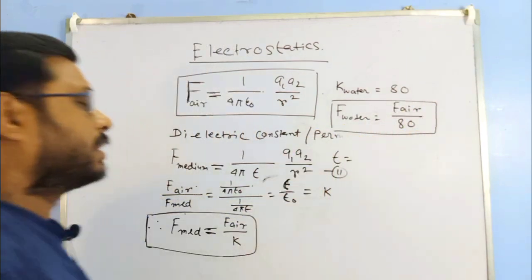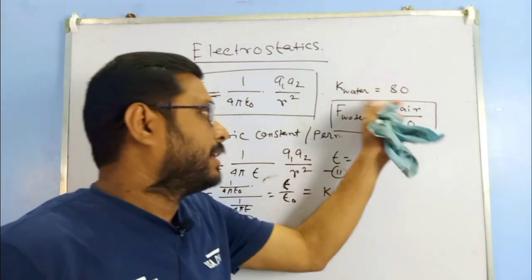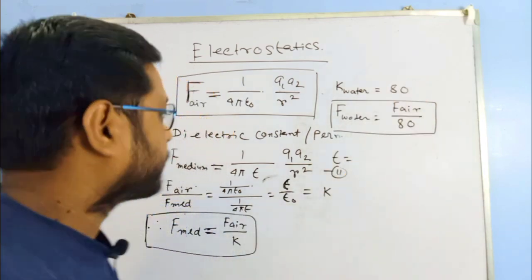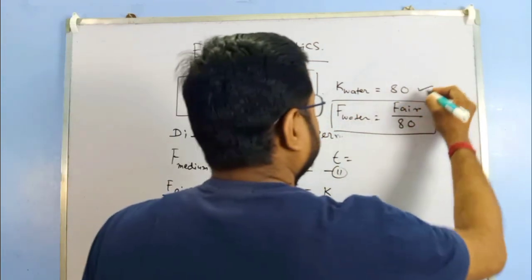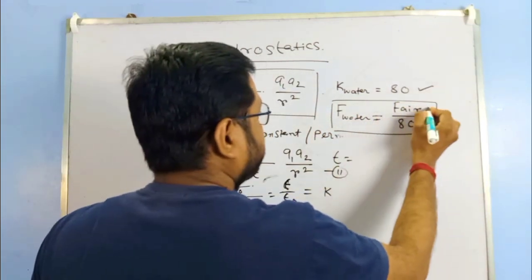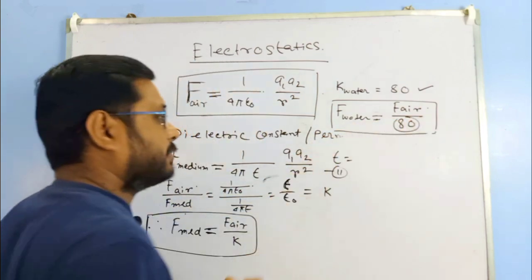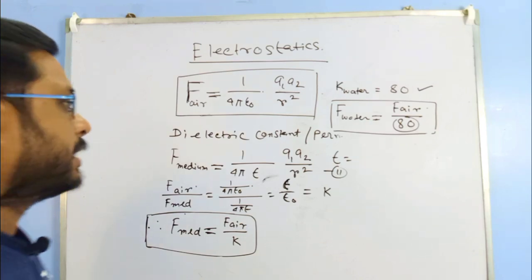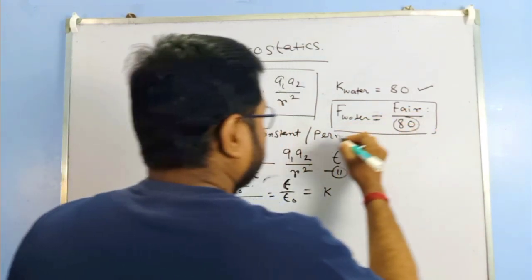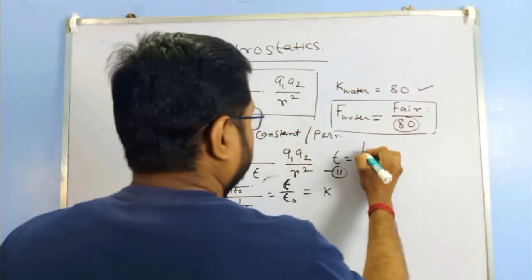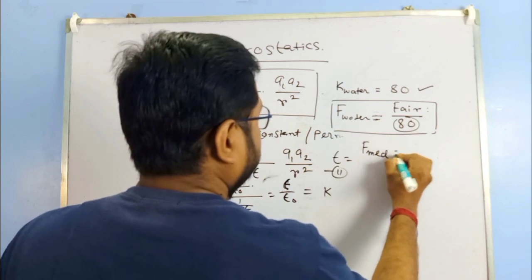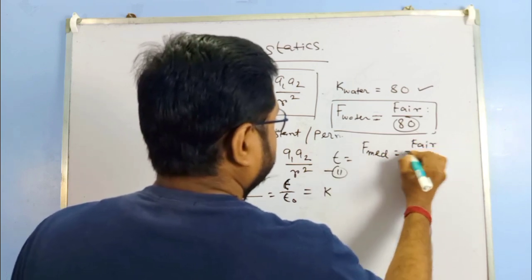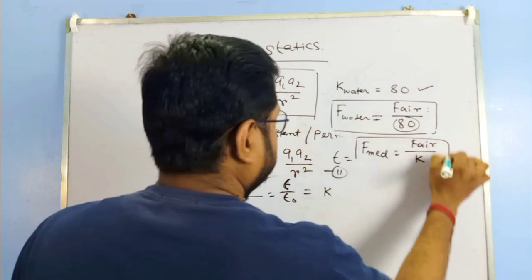If we know the dielectric constant of any medium, then we simply divide the force in air by it to get the force in that medium. This is the law: F water equals F air divided by 80, as the dielectric constant of water is 80. So in general, F medium is equal to F air divided by K.